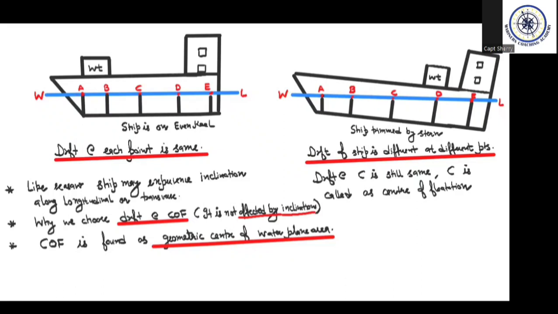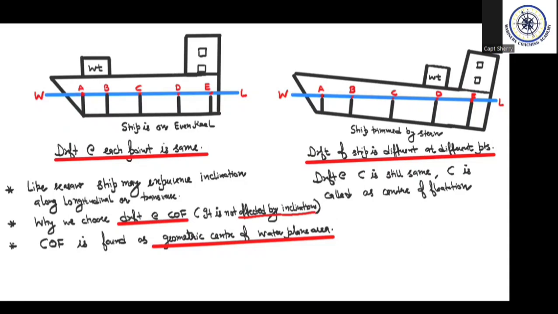Now the draft at C is still the same, but the drafts at A, B, D, and E have changed. If you compare it to figure 1, draft A has been reduced, draft B also has been reduced, D has been increased, and E has been increased because of the trimming of the vessel.